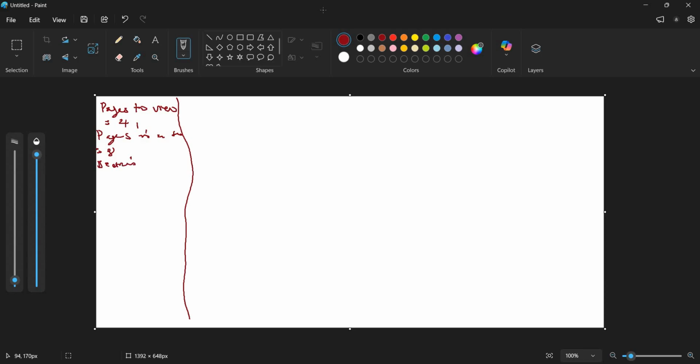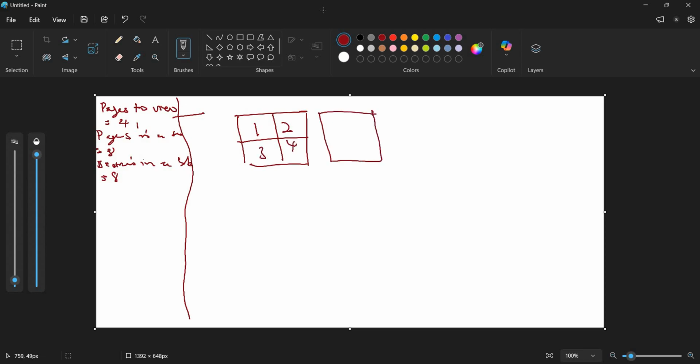Sections in a book, 8, right? Okay, so when we come here, that means we have 4 pages to view, right? 1, 2, 3, 4. Then we have 8 pages in a section, 5, 6, 7, 8. Do you get it? So these two give me one section.